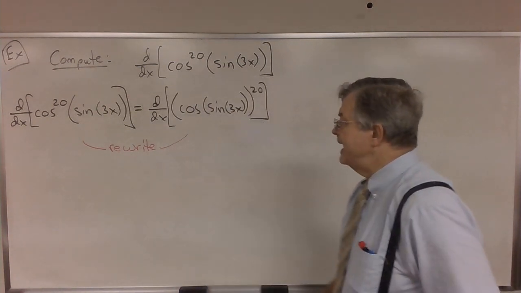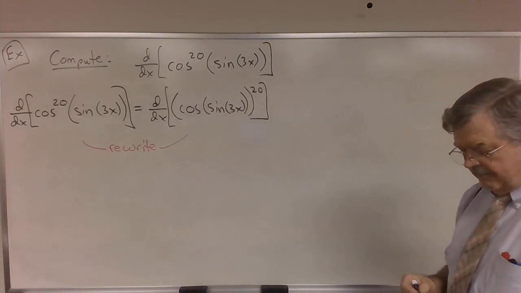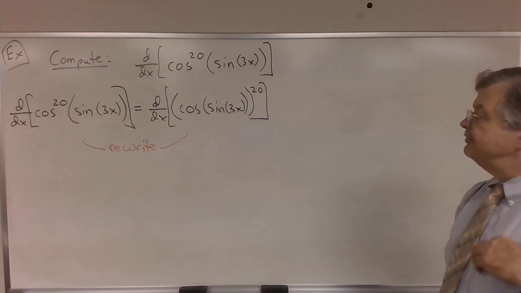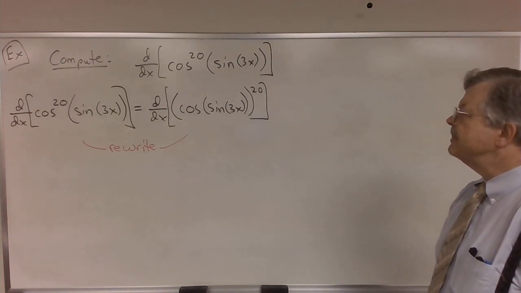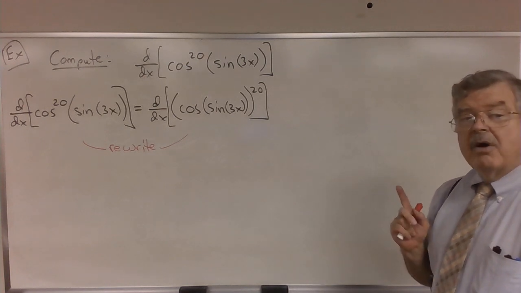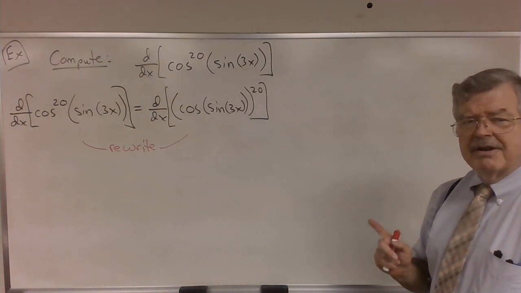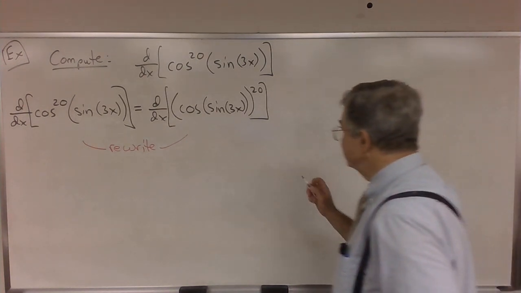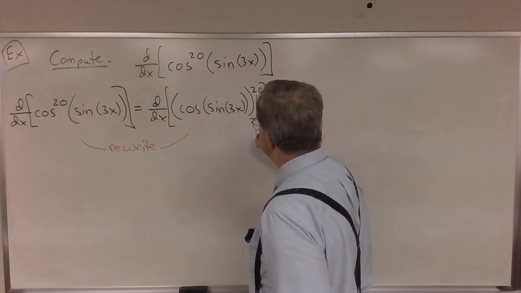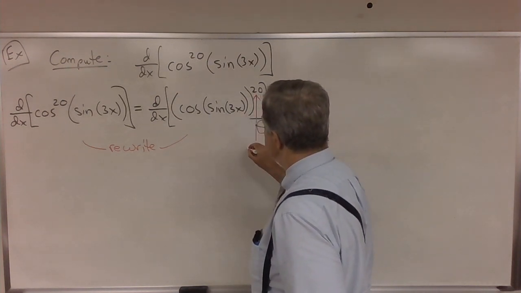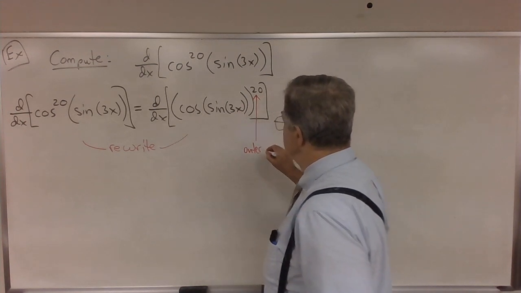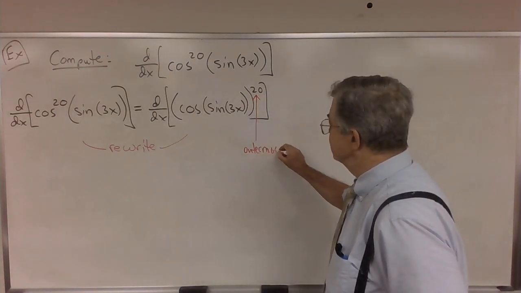This is what we have. It's the composition of several functions. And as always, we're going to start at the outermost function. And this time it is the raising of something to the 20th. This is the outermost function.